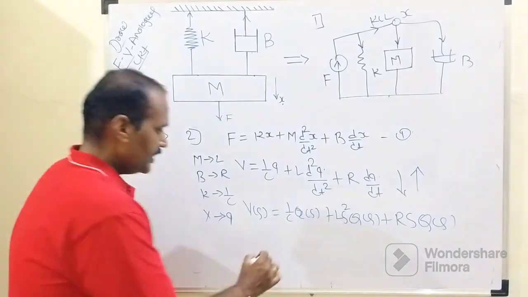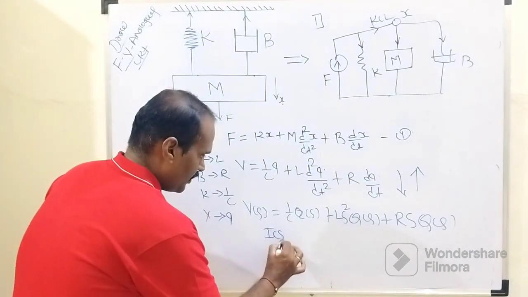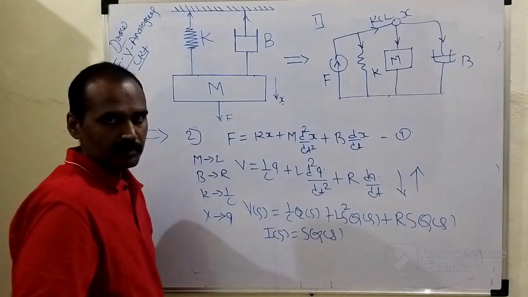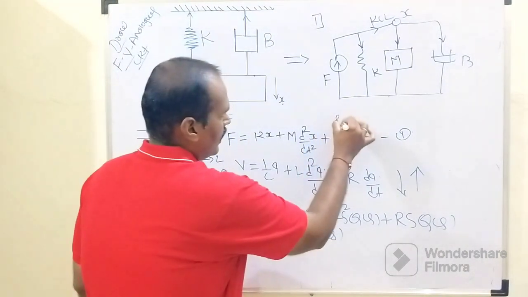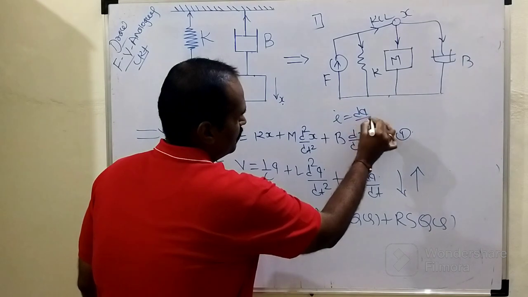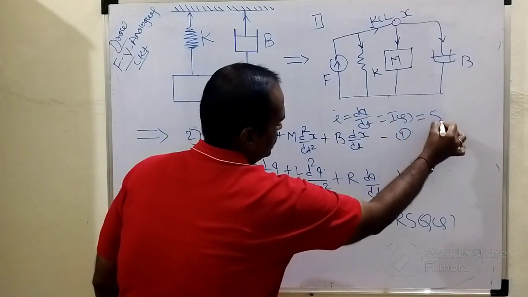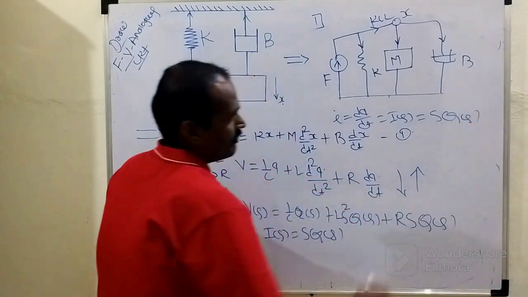Then we need to replace this quantity: I of s equals s into Q of s, because in the force-voltage analogy, I is replaced with dq by dt. When we apply the Laplace transform, it becomes I of s equals s into Q of s.